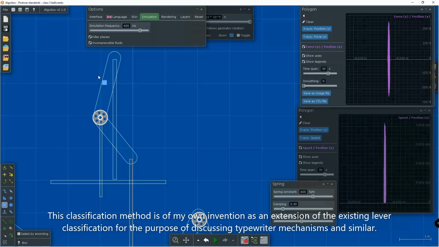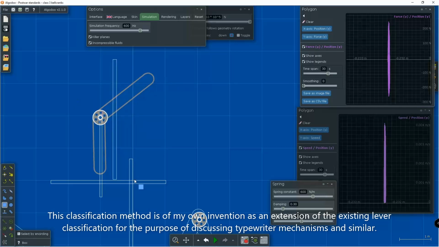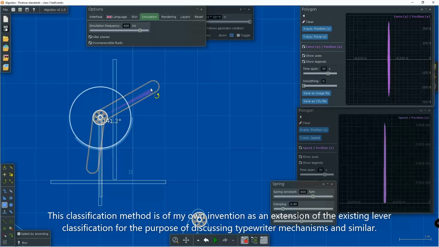Then we have the edge cases, where if our effort is parallel to the load arm, I would call this a class 1.5 bell crank, since it sits between being a class 1 bell crank and being a class 2 bell crank.